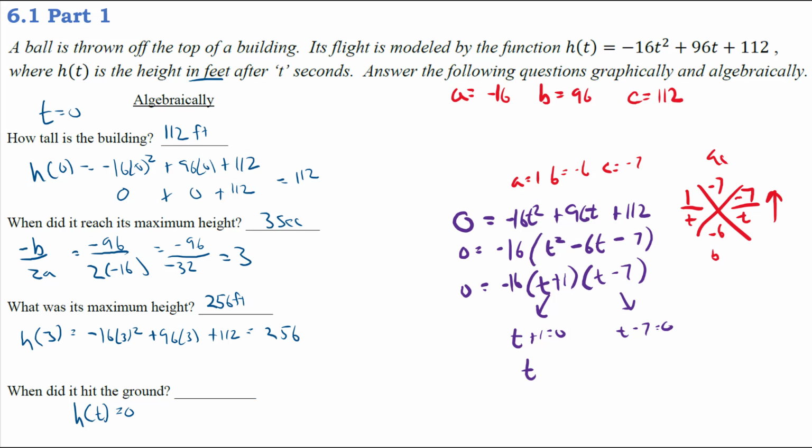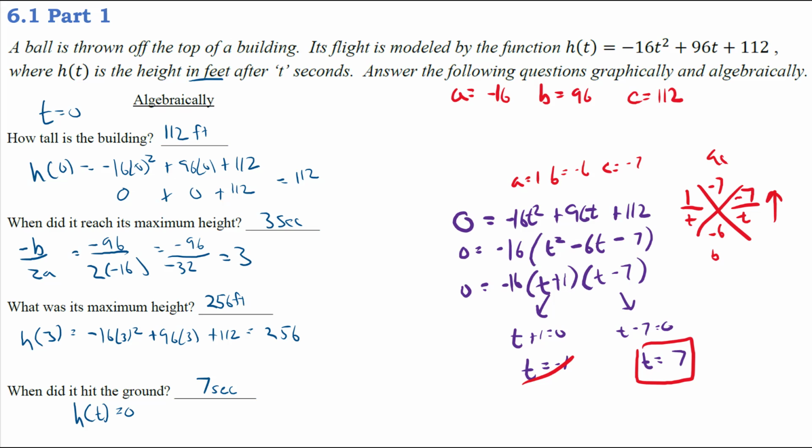We should get t is equal to negative 1, and t is equal to 7. Well, we know we can't have a negative value for time. We're not going to go back in time, so that one's out the window. So we get t is equal to 7. So after 7 seconds is when our ball fell from the top of the building and hit the ground. So 7 seconds.